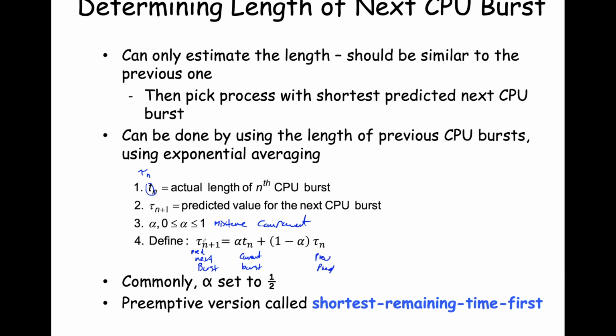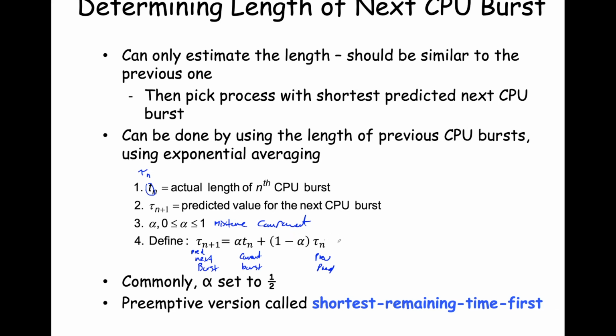And so your predicted next burst time is going to be some amount of your current measured burst plus some amount of the previous predicted burst. Typically alpha is set to 1/2. So your next predicted burst time is going to be 1/2 times the current measured burst plus 1/2 times the previous prediction.